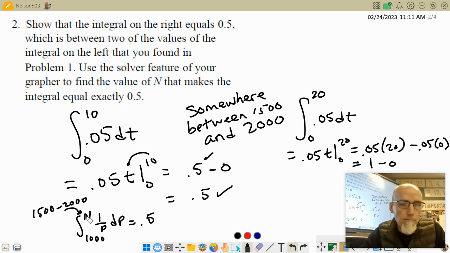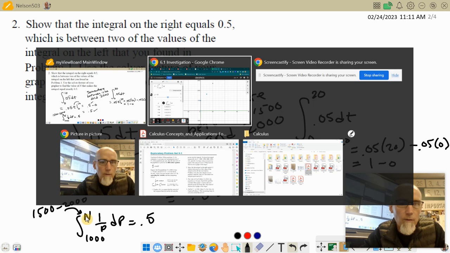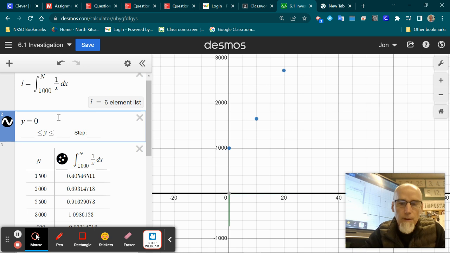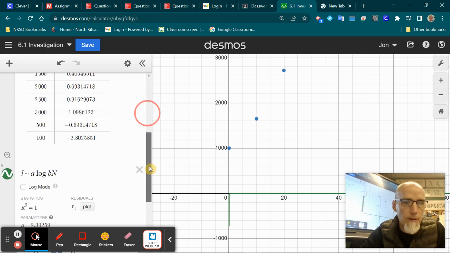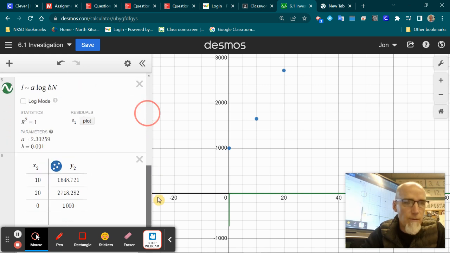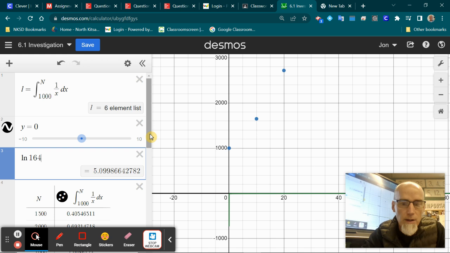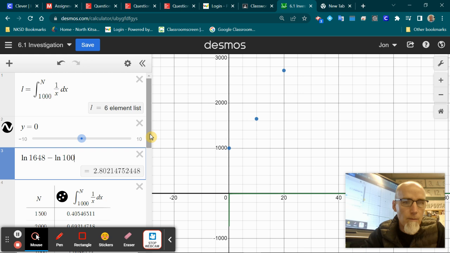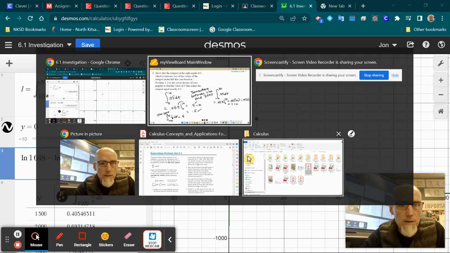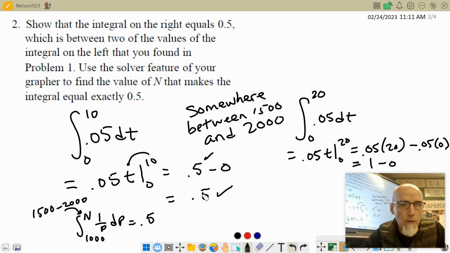So let's go back over here and do natural log of 1648 minus natural log of 1,000. And they're asking us to look at something that's kind of interesting about this. We get 0.5, which is what we said our answer was, right?